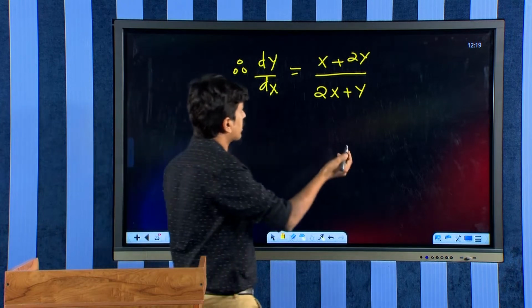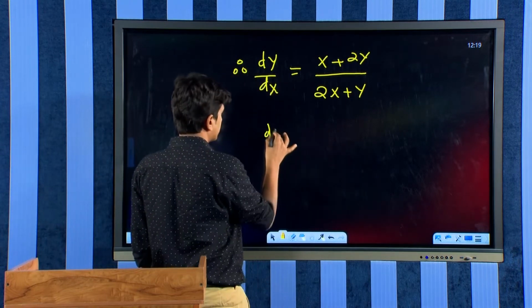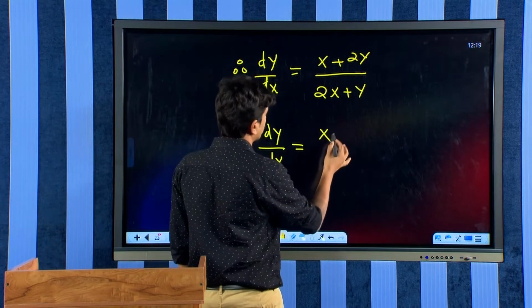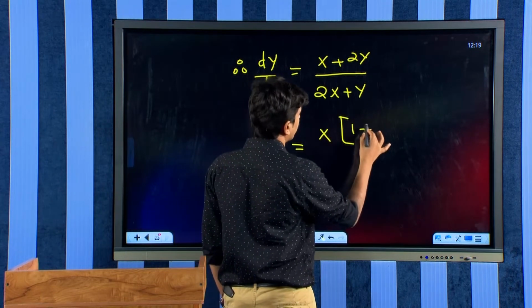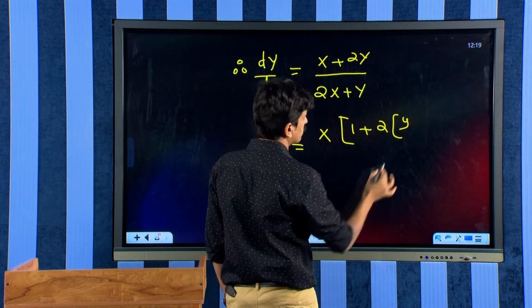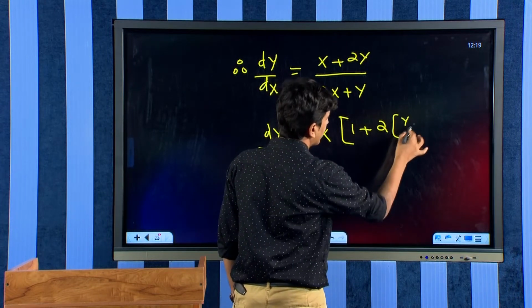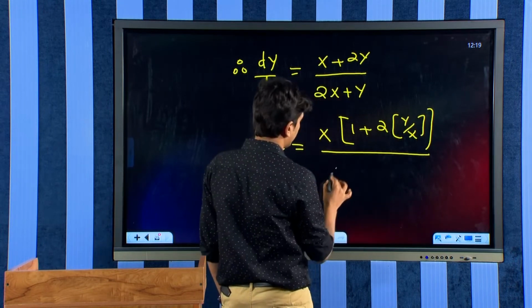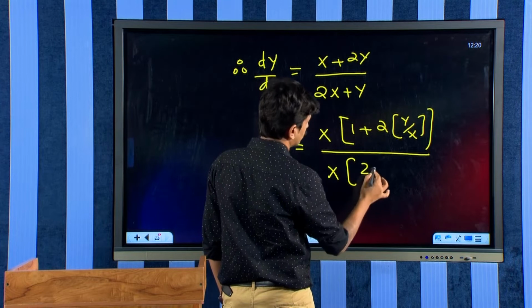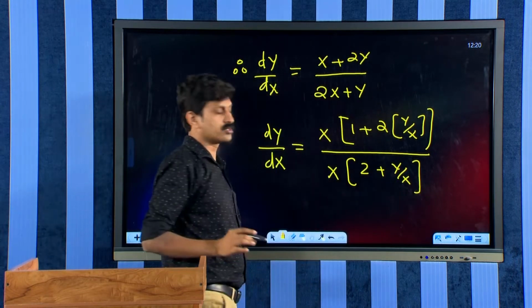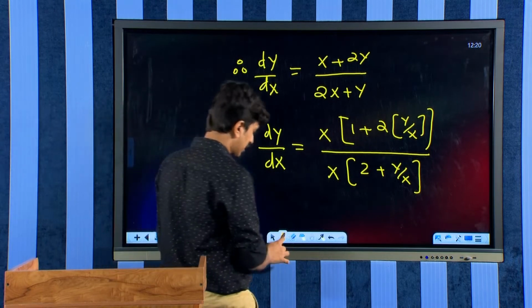We can write this as dy by dx is equal to, taking x out, 1 plus 2 into y by x divided by 2 plus y by x. We can cancel x and x.